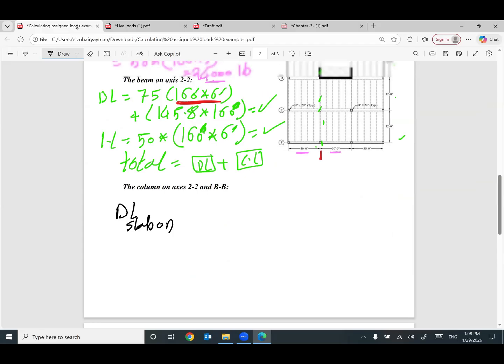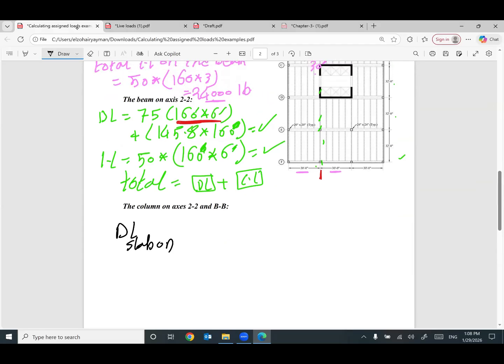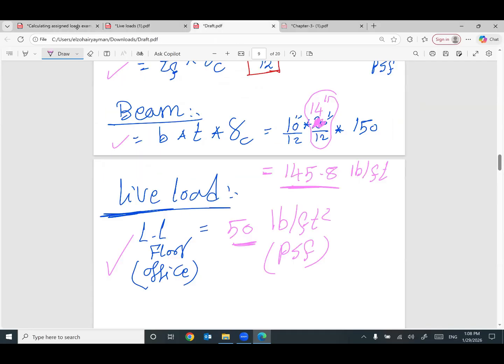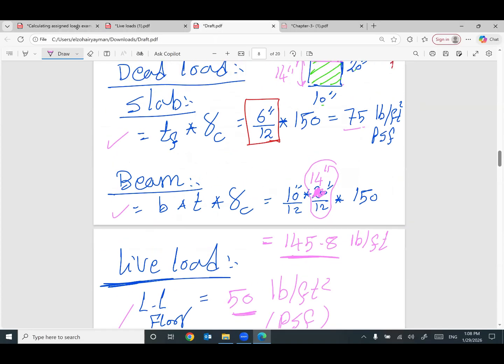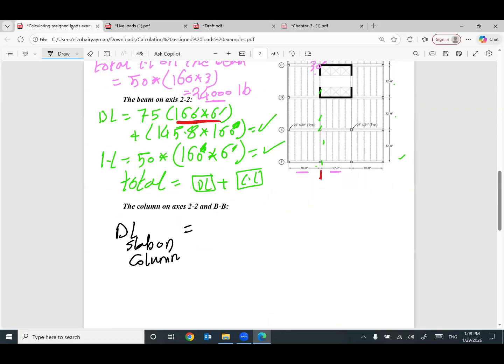So the dead load on the column from the slab will equal the value of the dead load from the slab, which is 75, times the area assigned to this column, which is 32 feet by 30 feet.